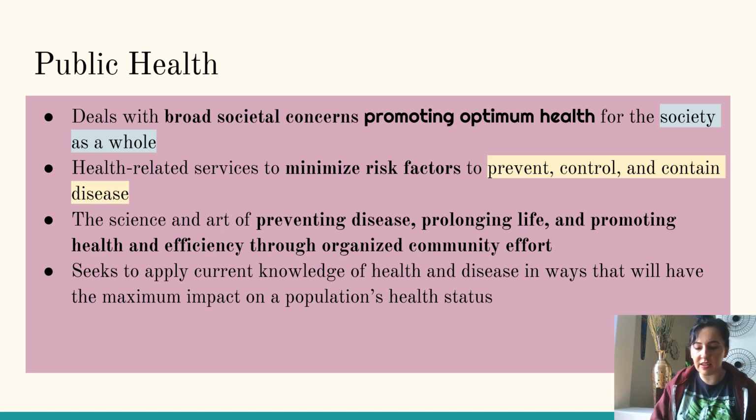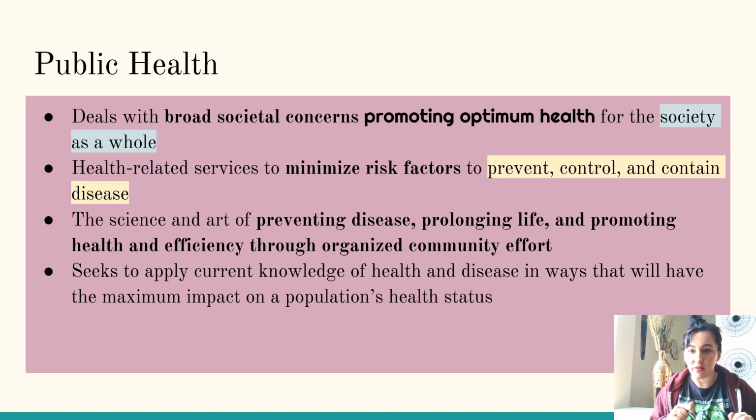We want to contain it wherever it is, and we don't want it to spread anywhere else. That's why we are doing this whole social distancing thing. That's why there was a public health order for us to stay home and to not spread the virus. Right now we're dealing with a public health issue. I hope that gives you a better understanding of how public health works.